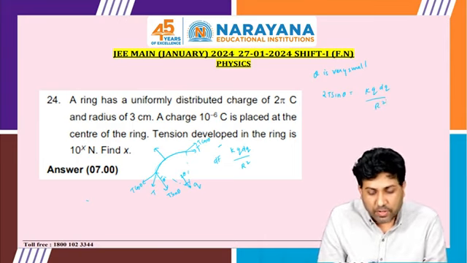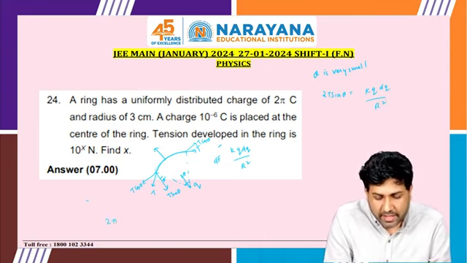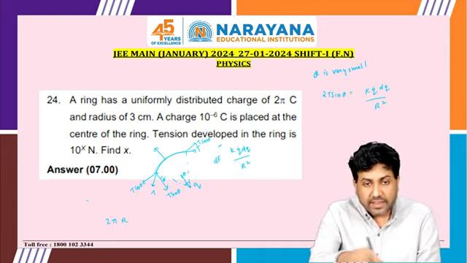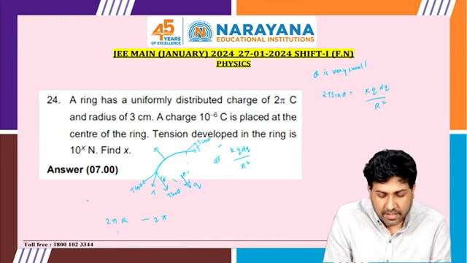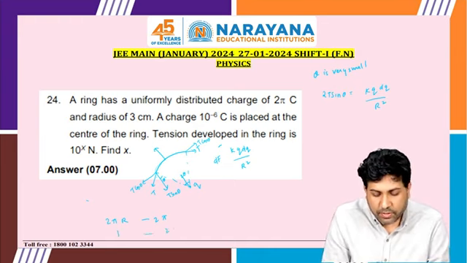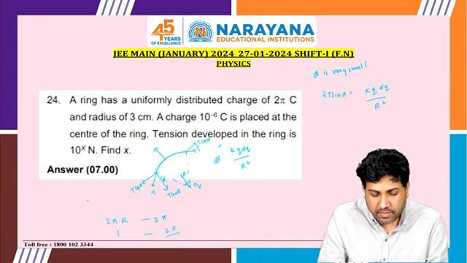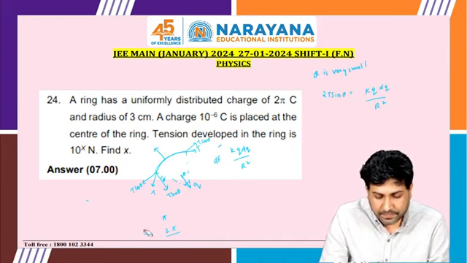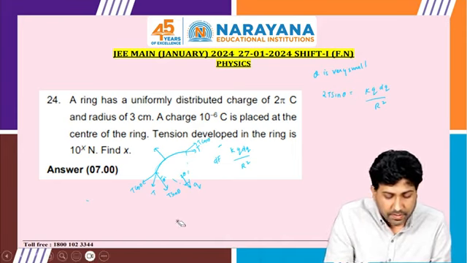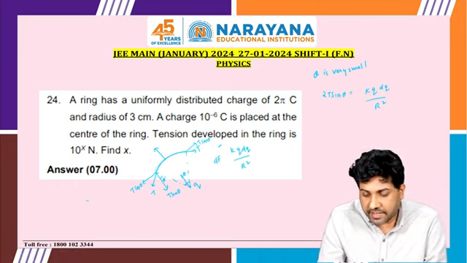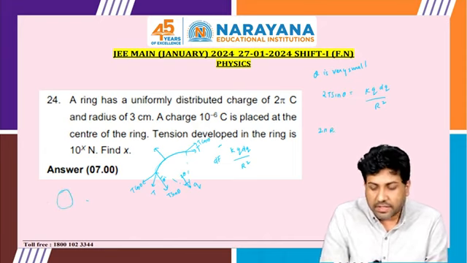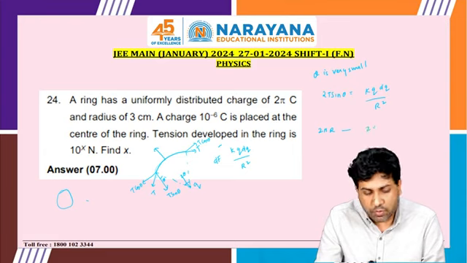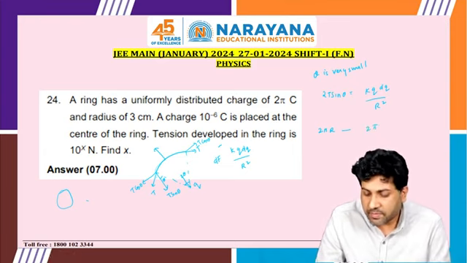Now what is dQ? If 2 pi r total length has 2 pi coulomb charge, then unit length will have 2 pi by... just a minute. So I will write it again. What I was discussing is that 2 pi r is the total length of the ring, and 2 pi r length has 2 pi coulomb of charge.